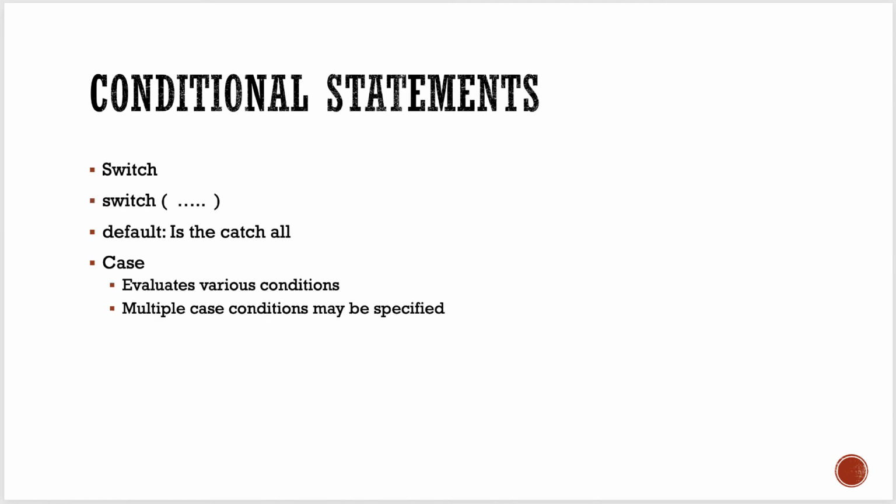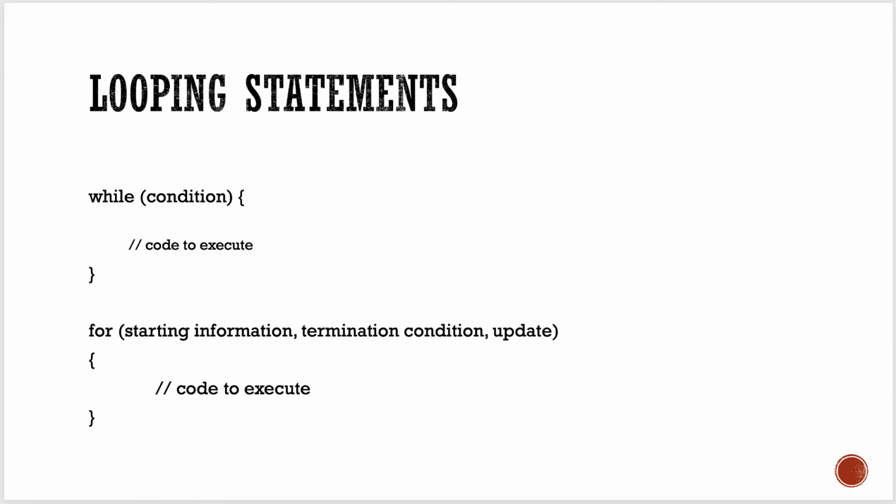There's also a switch operator that is available within JavaScript. A switch operator allows you to evaluate multiple conditions. Loops are also present within JavaScript. Again, like most other programming languages, JavaScript allows you to perform repetitive operations. While statements and for statements can get used in JavaScript to perform repetitive operations.